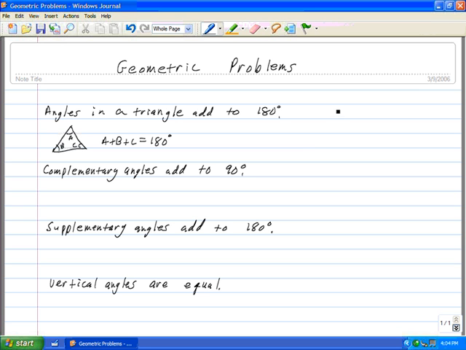So let's say you were given a triangle problem and you're asked to find the three angles within some triangle. And you were told, for example, that the first angle is twice the smallest. So if we wanted to make this top angle represent our smallest angle, then being told that one of the other angles is twice that means we can represent it with a 2x.